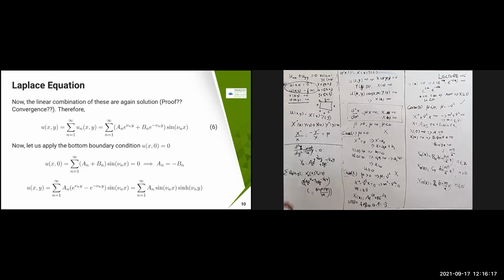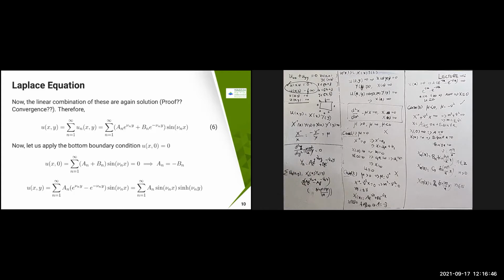Now once you obtain that one, you are going to get minus a_n coming here once you apply this. So you can take a_n common. Therefore, what you are going to get is e^(ν_n y) minus e^(-ν_n y), that is nothing but sinh(ν_n y).